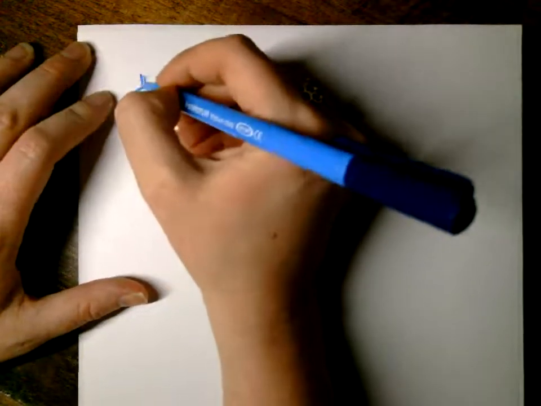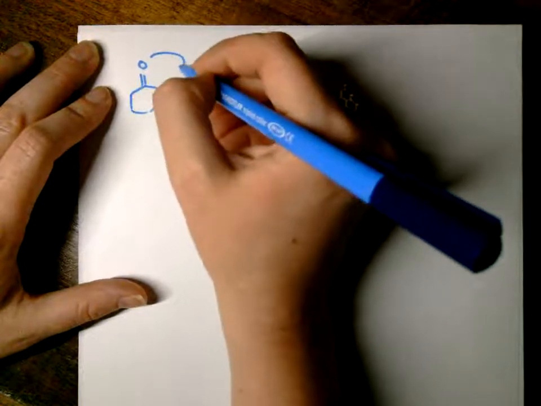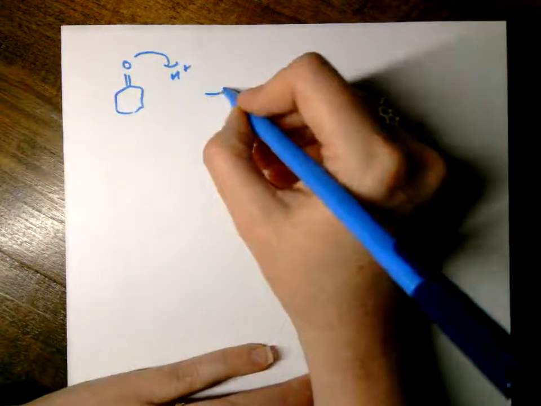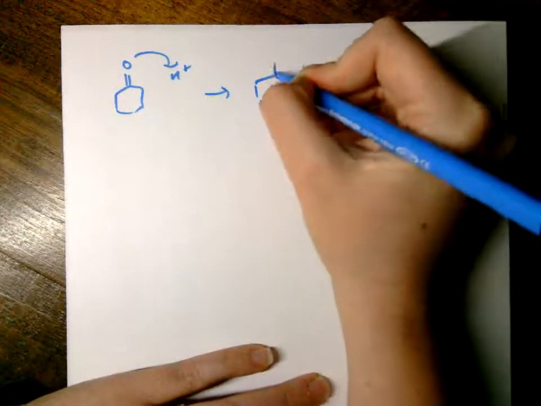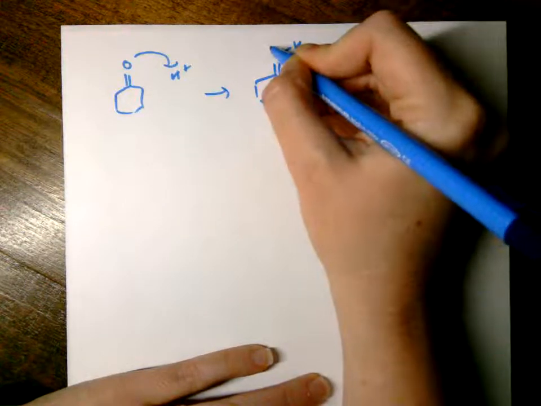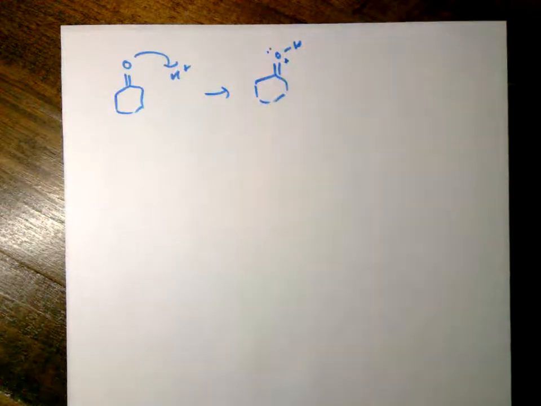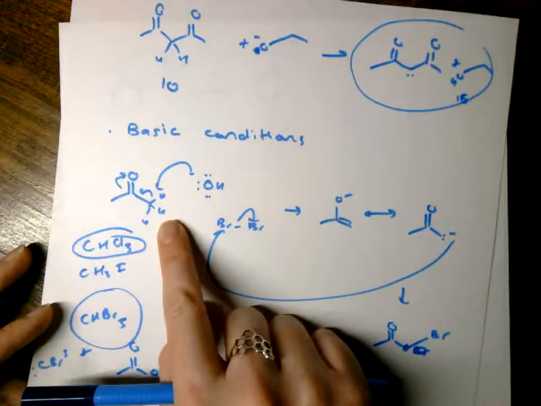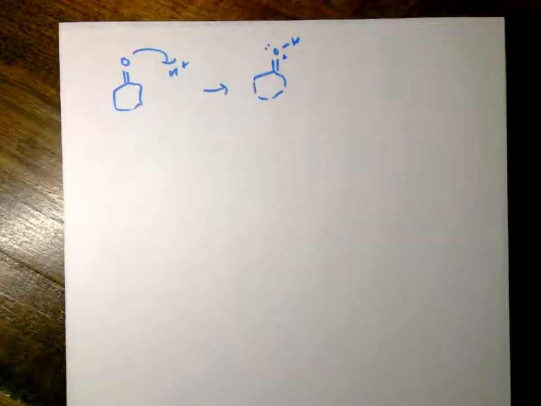Acid catalyzed, I'll use a different ketone this time just for fun. Usually if you have a ketone in acidic conditions, it'll get protonated first and then something will attack. Or if you have a ketone in basic conditions, usually the attack will happen first. So that's what we saw here when the base deprotonated first, the attack happened first.